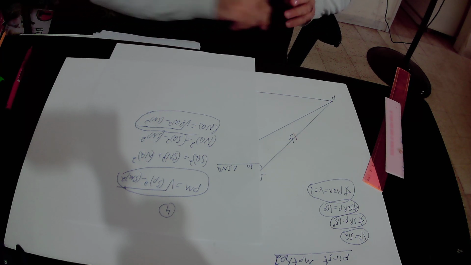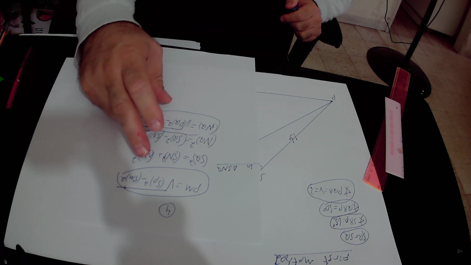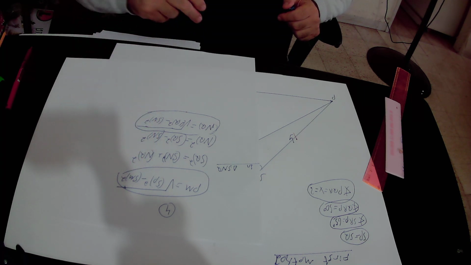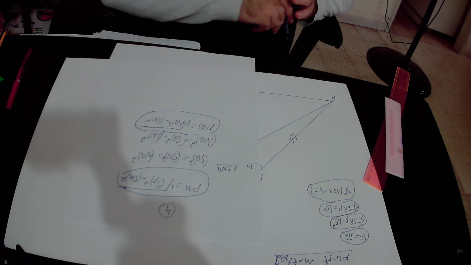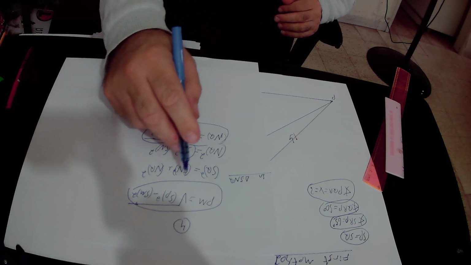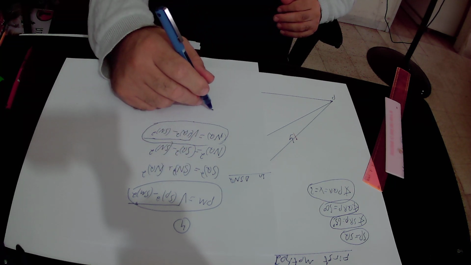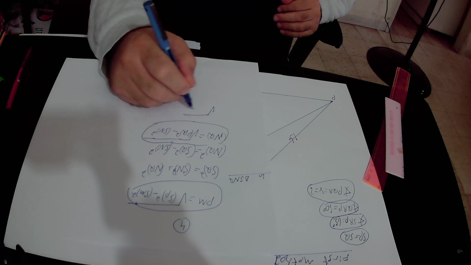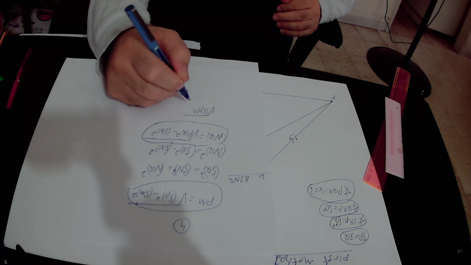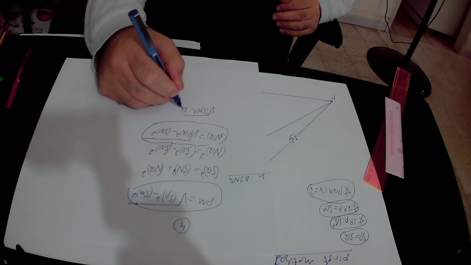Actually, those two expressions inside the root are equal to each other. I will show you why. We have here the expression that PM equals the root of SP square minus SM square.